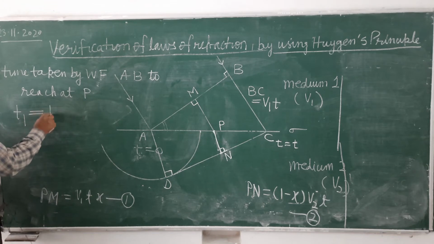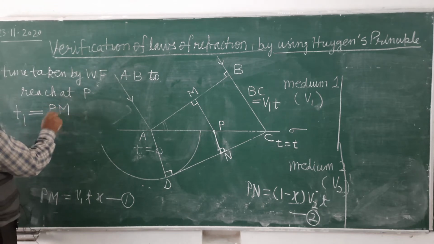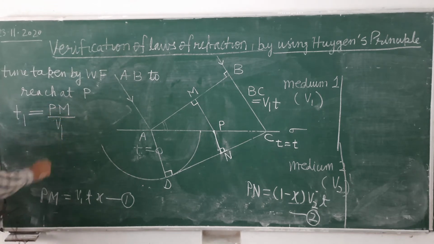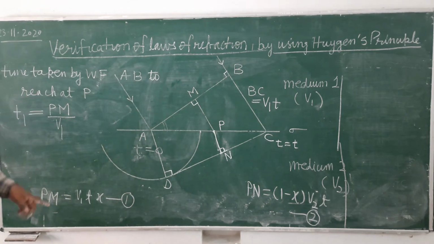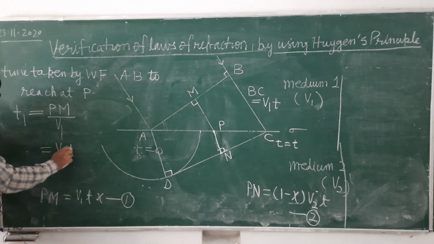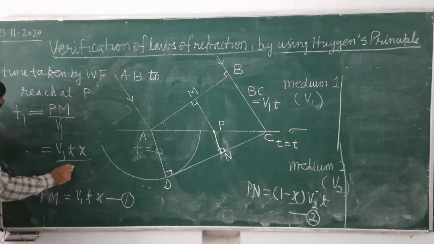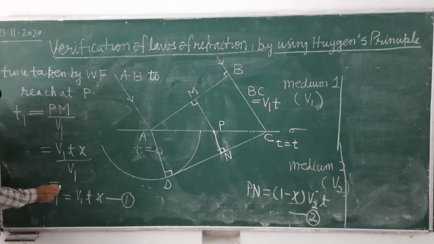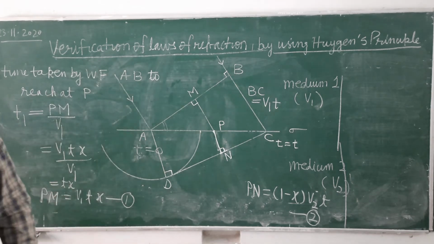It will be equal to PM upon V1. And PM you have already calculated as V1 T X. That is V1 T X upon V1, which equals T X.